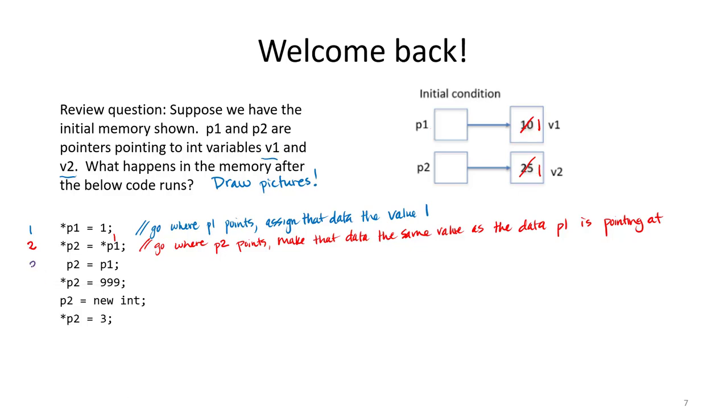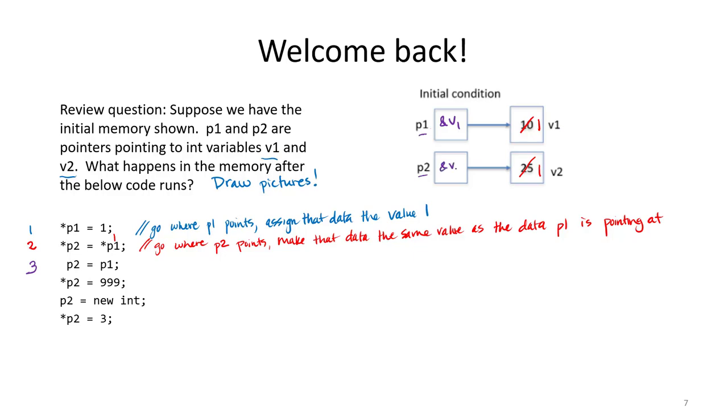Let's now try line 3. In line 3, we have P2 equals P1. So that means we're taking our pointer P2. Since we're setting it equal to P1, remember, P1 is holding the memory address of V1 because P1 points at V1.